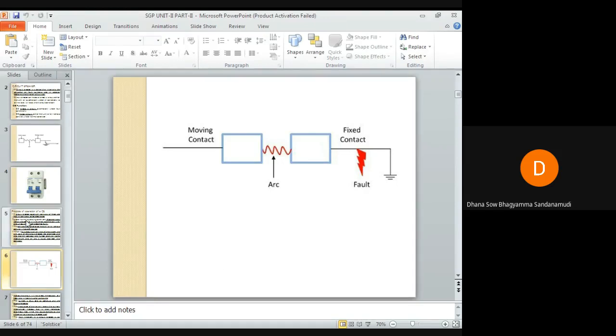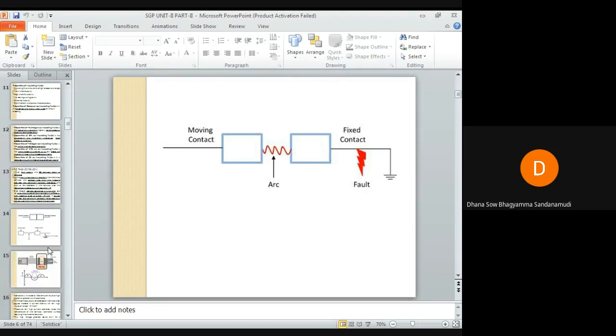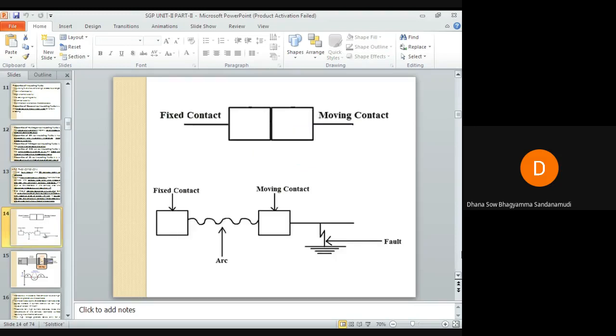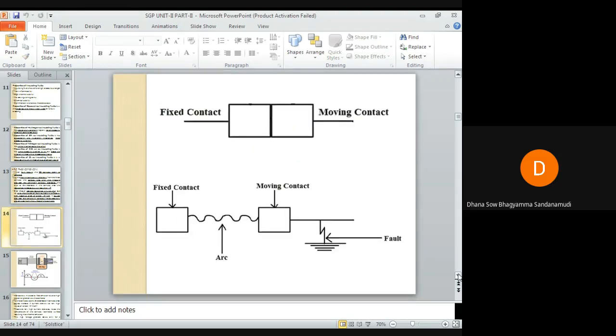Under normal operating condition, these two contacts will be in contact with each other. They remain closed, and will not open automatically until and unless the system becomes faulty.